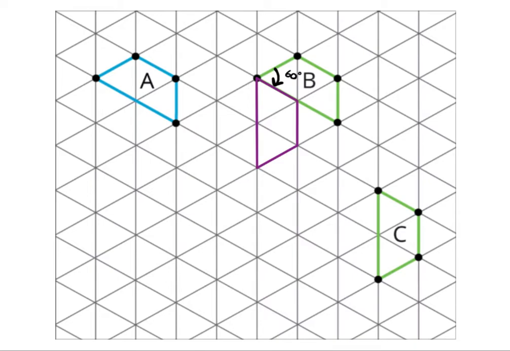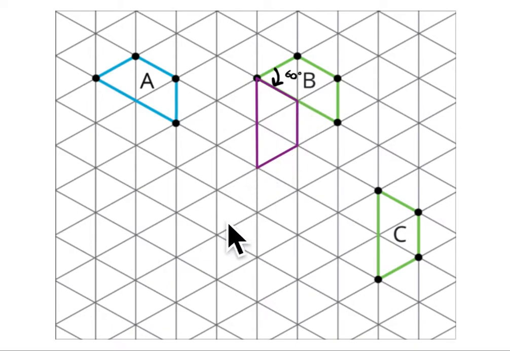So how do I know it's 60 degrees? Because it rotates. This is a 60-degree angle right here. It's an angle within an equilateral triangle. If you rotate this 60 degrees, it ends up in the same orientation, the same direction as C. So that is a 60-degree rotation. But then the task was, how do you find the center of rotation, which turns out to be right here.